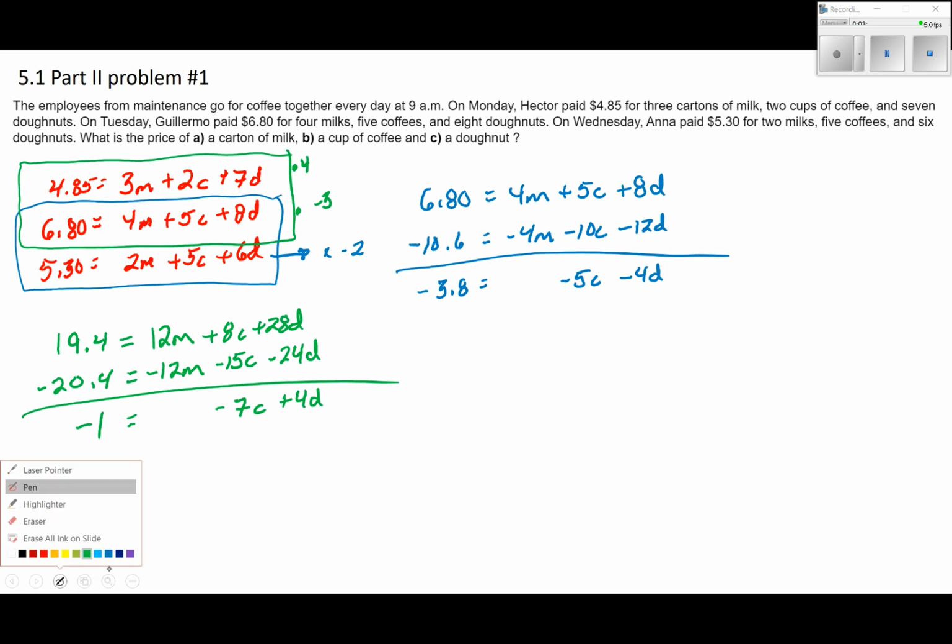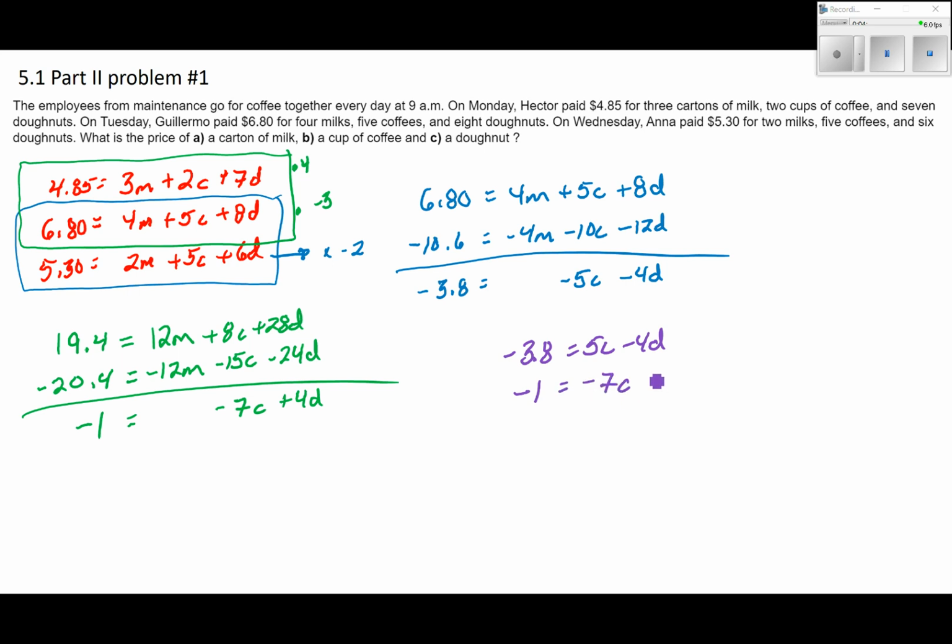So now let's take these 2 equations and work with these. So I have -3.8 equals -5C minus 4D. And then I have -1 equals -7C plus 4D. So now 2 equations with 2 unknowns. This one works out nice because 4D and -4D are already opposites.